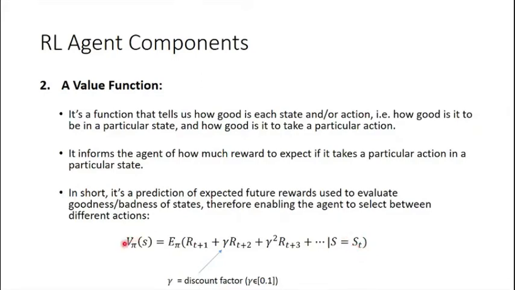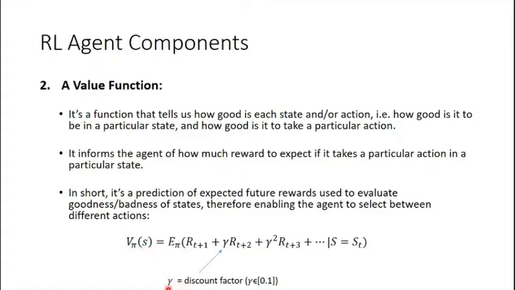So the value that is assigned for the state at time instant t when it is in that state s is the reward that it will get in the next time instant and all the rewards it is going to get in the future. So this is the idea behind value at a particular state.